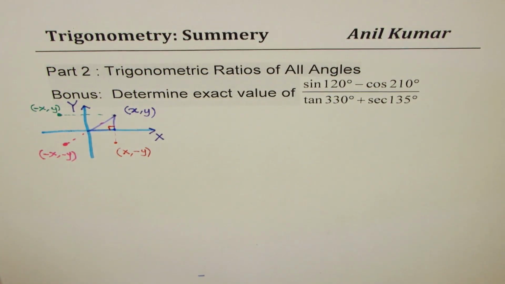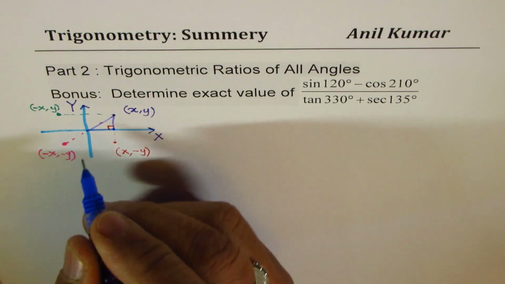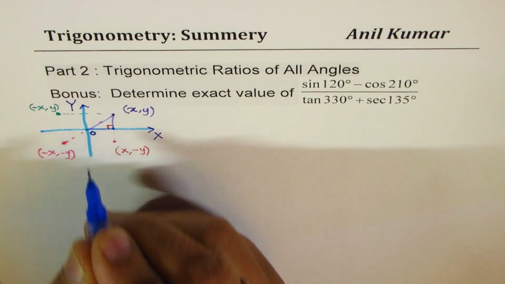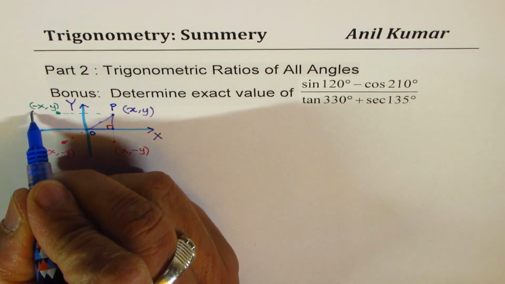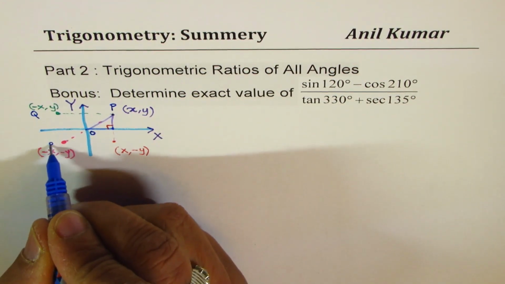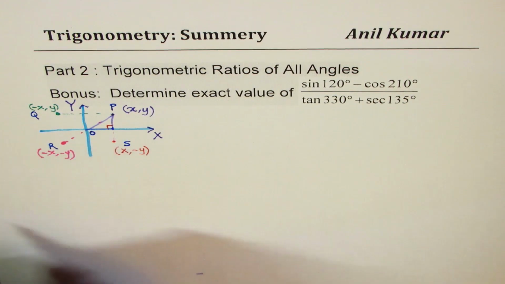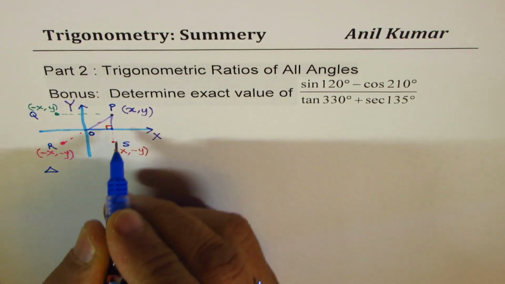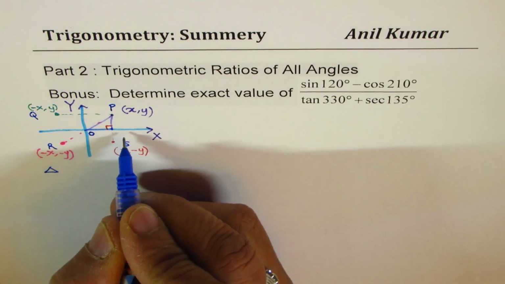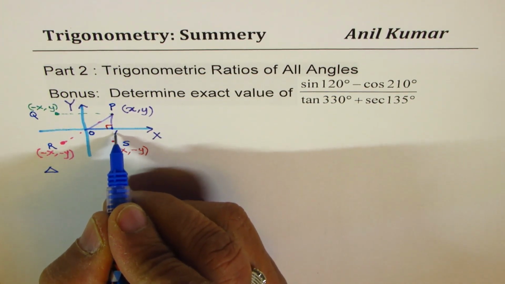So let me call the origin O, this point P, and its reflections Q, R, and S. Now if you look into the triangle, let's use ABC.